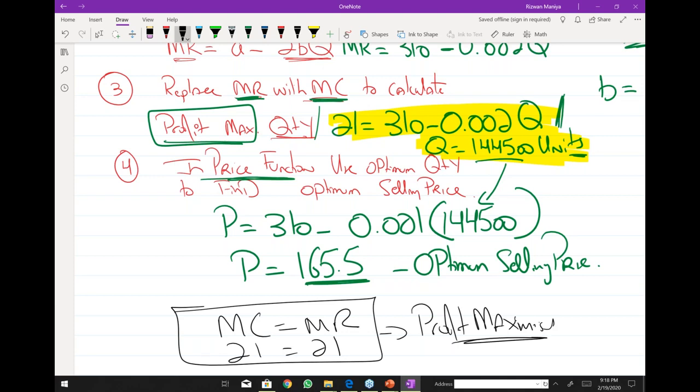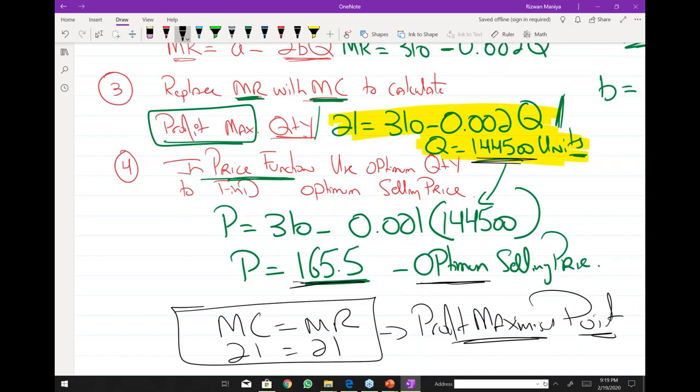Profit maximizing point. And we have worked out two things: the optimum selling price and the optimum quantity. So if you sell 144,500 units in the market, your profit will be maximized. And how much price should you charge to sell 144,500 units?